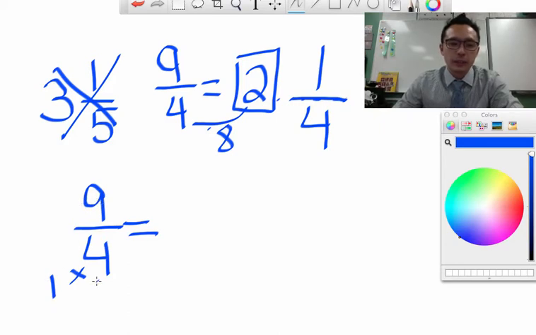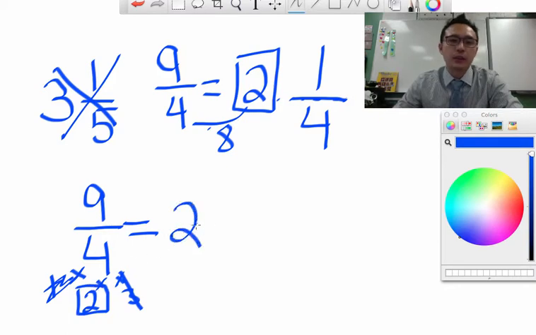If you multiply by 2, 2 times 4 is 8. 8 is really close to 9. That's really good. Is there a number that's closer? Let's try 3. 3 times 4 is 12. 12 is over 9, so you can't use 3, and 1 is too small, so you're going to use 2. So this is your whole number.